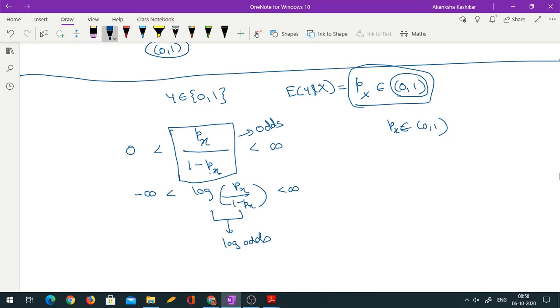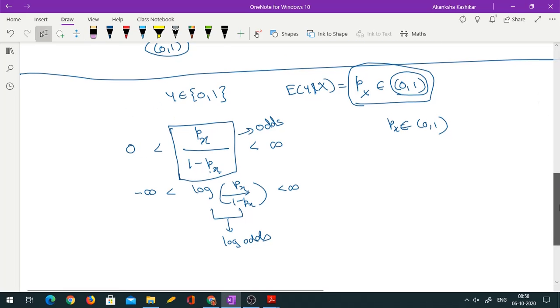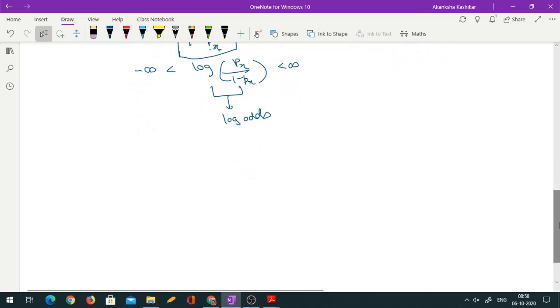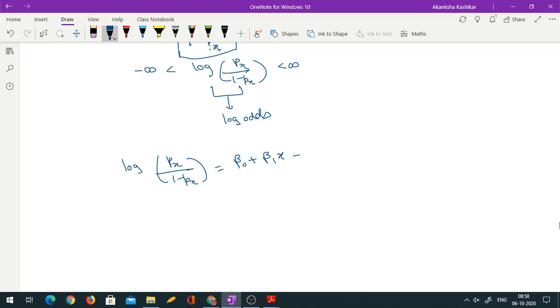Now that I have something which is between minus infinity and infinity, I can try to model that via linear regression. So we write log of p(x) upon 1 minus p(x) as beta naught plus beta 1 x plus epsilon. And now I know how to proceed.